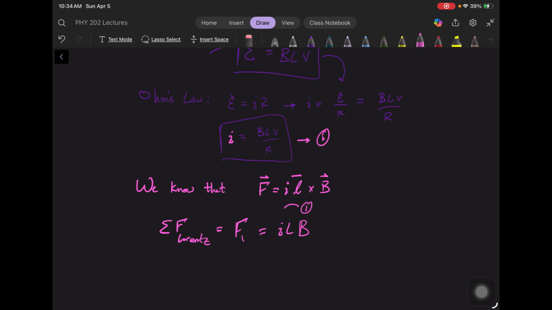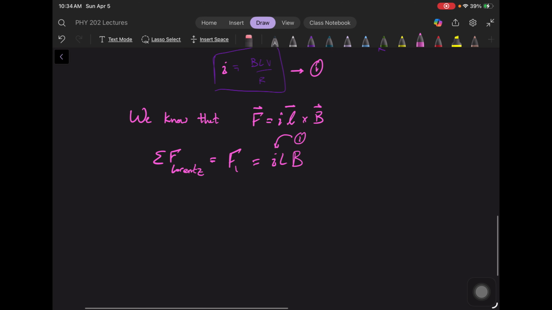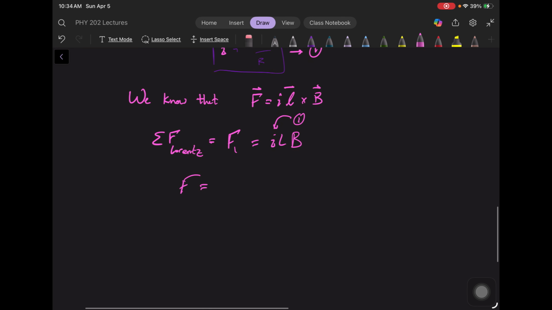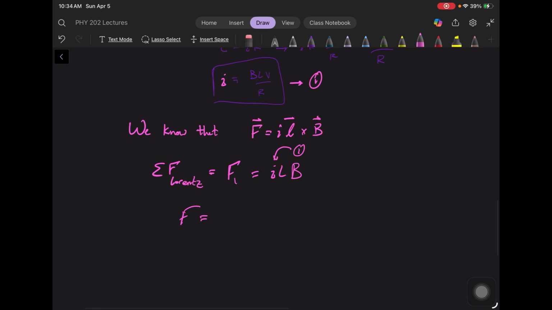And so we can plug that in for this current here. And so we can say the force is equal to BLV over R times LB, okay, which gives us B squared L squared V over R.